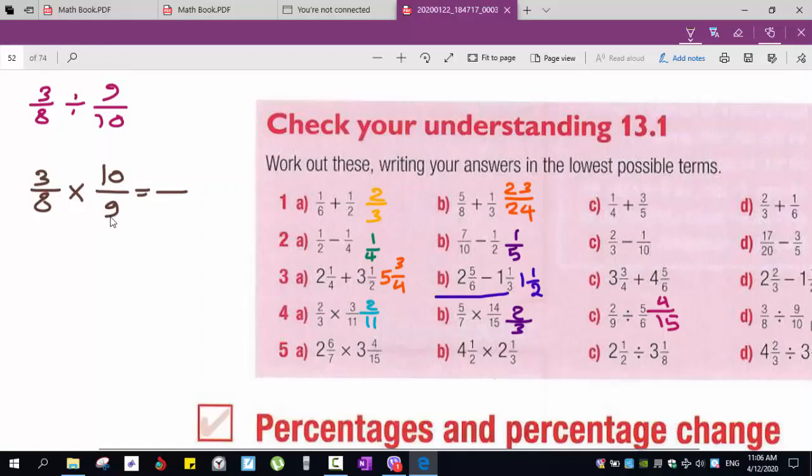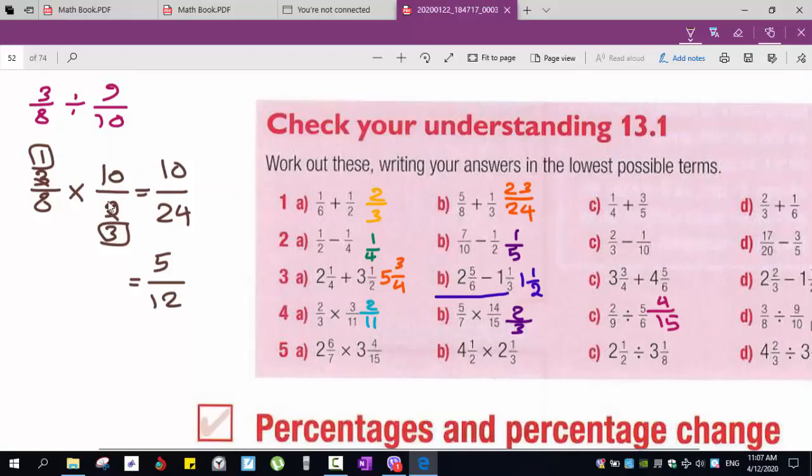Yes, by 3. Divide by 3, it will be 1. 1 times 10 is 10. 8 times 3 is 24. 10 and 24, we can divide both of them by 2. Then we will have 5 over 12. 5 over 12 is the final answer for question 4D.